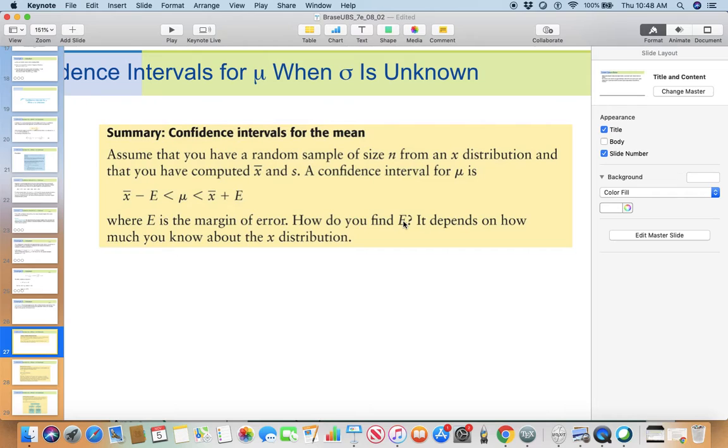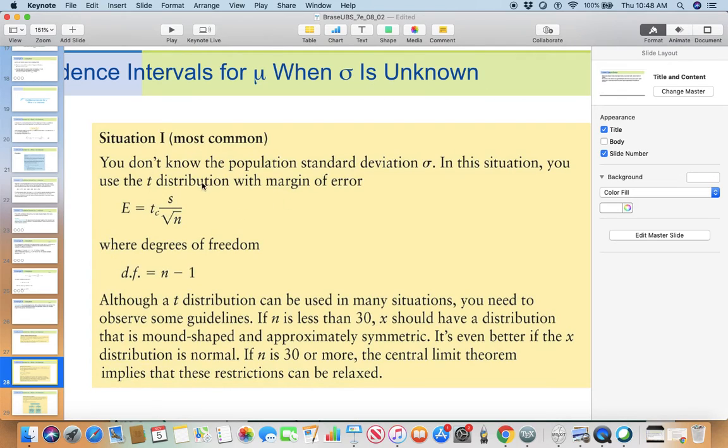How do you find E? It depends on how much you know about the X distribution. So here we go. You don't know the population standard deviation. In this case, we are going to use the student's t distribution. E equals t_c times s over square root n, where degrees of freedom df is n minus 1.